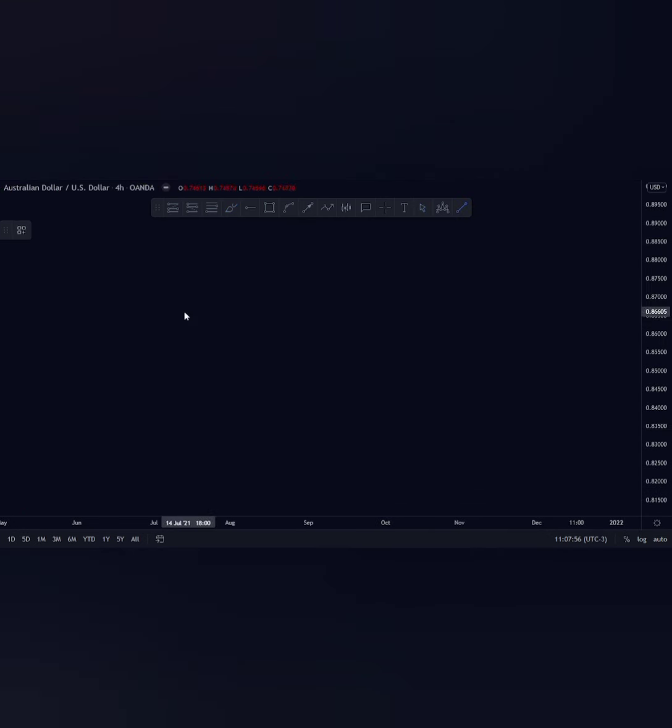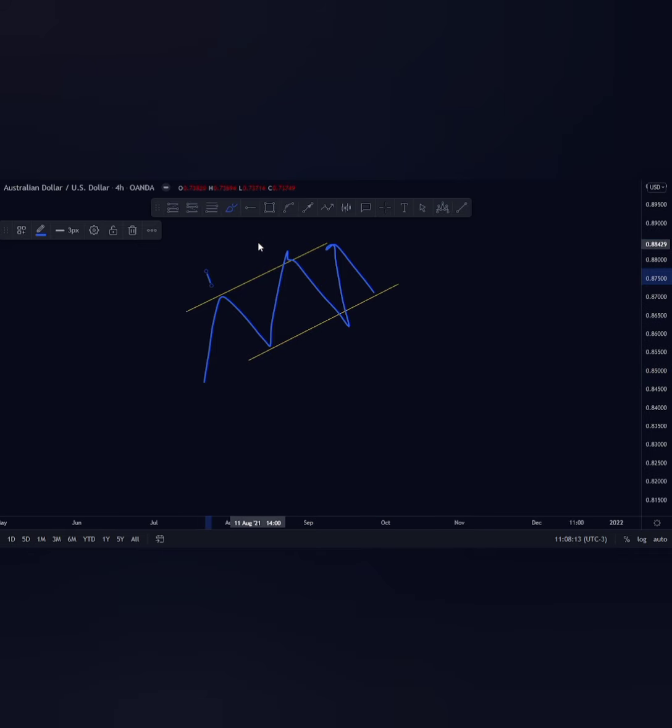That's when I can start to count it as a touch. Then come back, touch it, push away, come back, touch it, push away. That's when I can start to count it as 1, 2, 3. It has to impulse away from where it was before. Unlike price doing this, coming back to touch, then starting to do this. I don't usually count this as 1, 2, 3. Until it impulses away, I'll count this section as a single touch, basically.